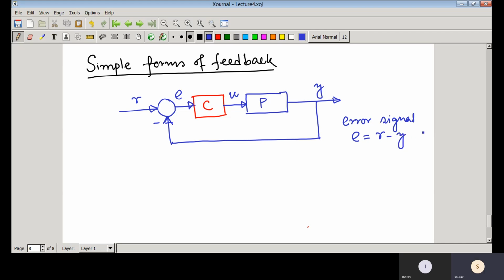So the idea of feedback is to make corrective actions.